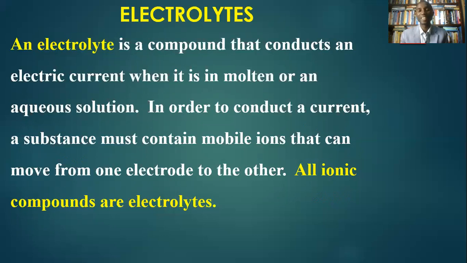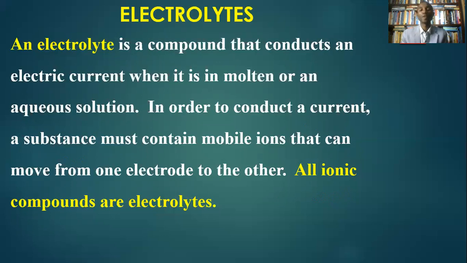Why are we putting it that way? Because we know there is a thing in science that we call a conductor. We know that it conducts electricity, but it's in solid state. So this one conducts electric current when it's in molten state or in aqueous solution.